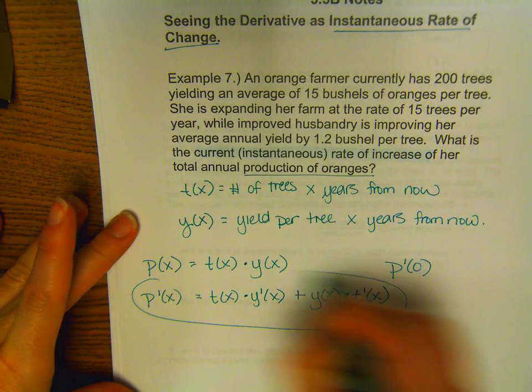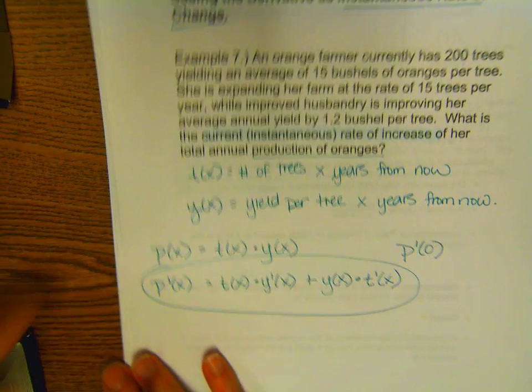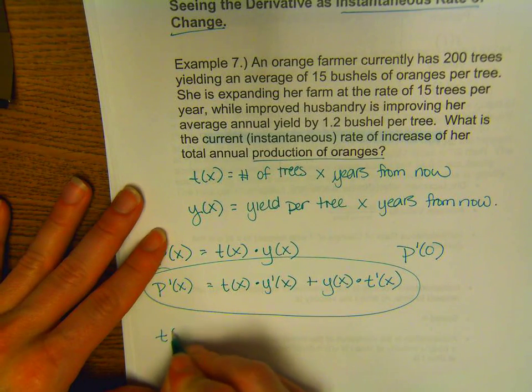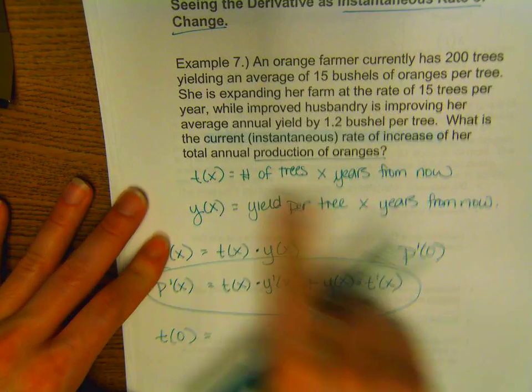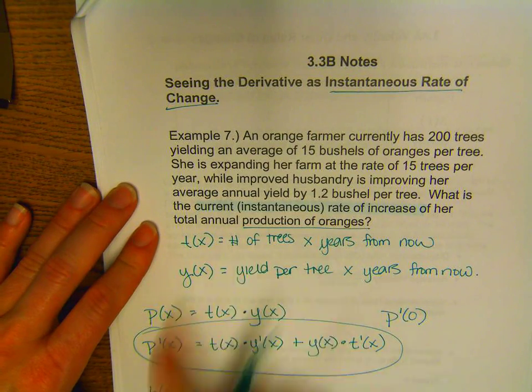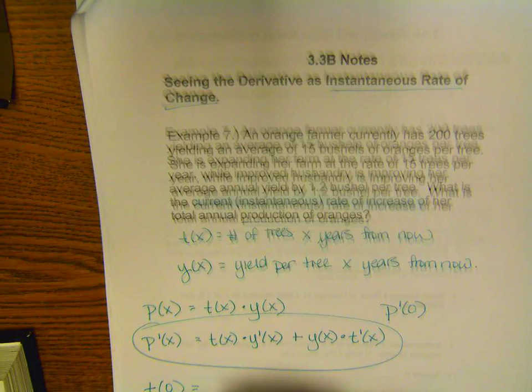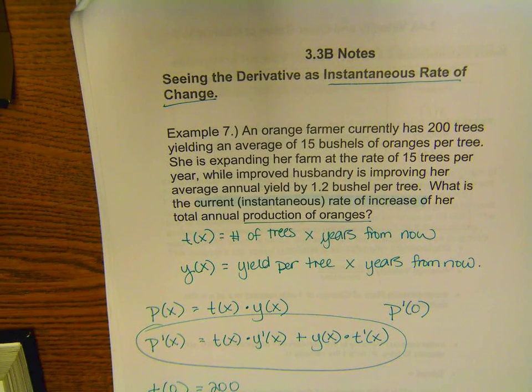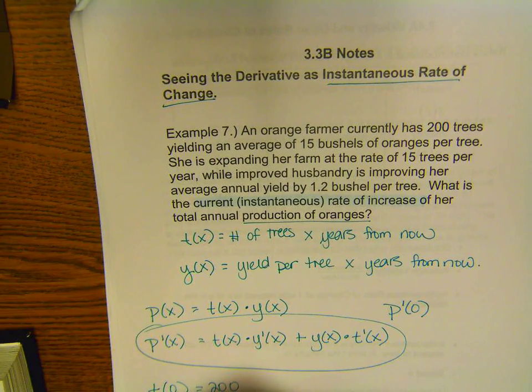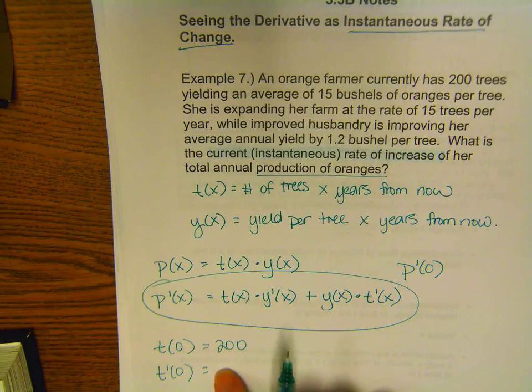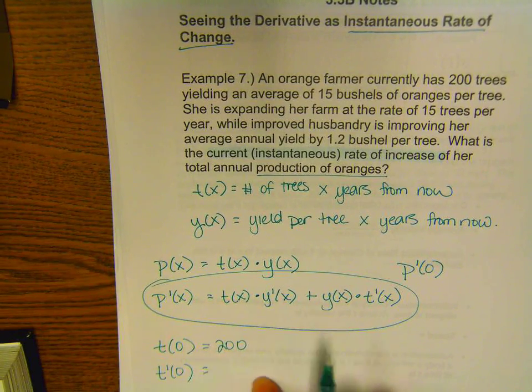So, can you guys tell me, first of all, what is T of 0? It would be the number of trees right now. T prime of 0 would be the rate at which the trees are increasing right now. No, 15. How fast is the number of trees increasing right now?